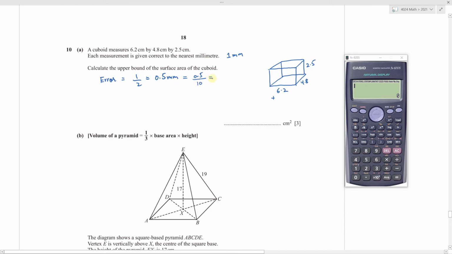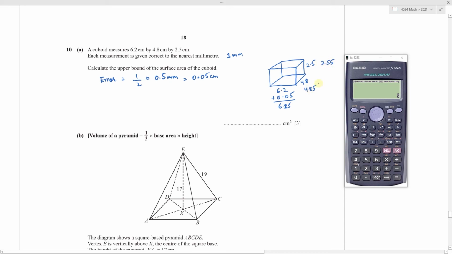So this is divided by 10, which is equal to 0.05 centimeter. So I need to add 0.05 to each of them. So the upper bound here is 6.25. Upper bound here will be 4.85. Upper bound here will be 2.55.